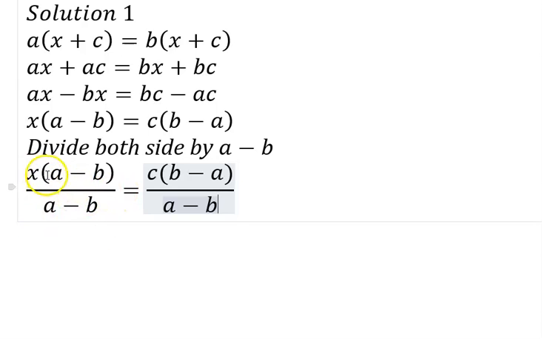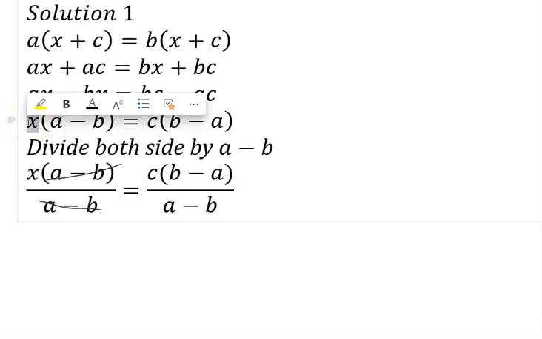So we actually want to make x the subject of the formula. Now, since we've been able to iron out this, A minus B can cancel out A minus B, such that our x will stand alone.